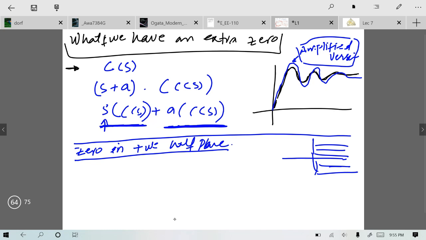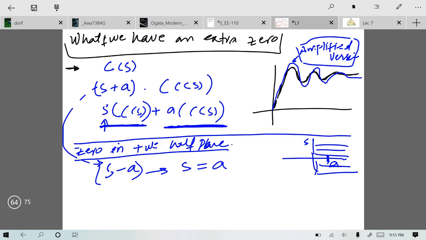And if there is a pole on the right half plane of your s plane, then you can say your system is unstable. But what happens if you have a zero in the right half plane, meaning this (s + a) is now (s - a), and there is a zero at s = a? This is a, which is actually in the positive right half plane.